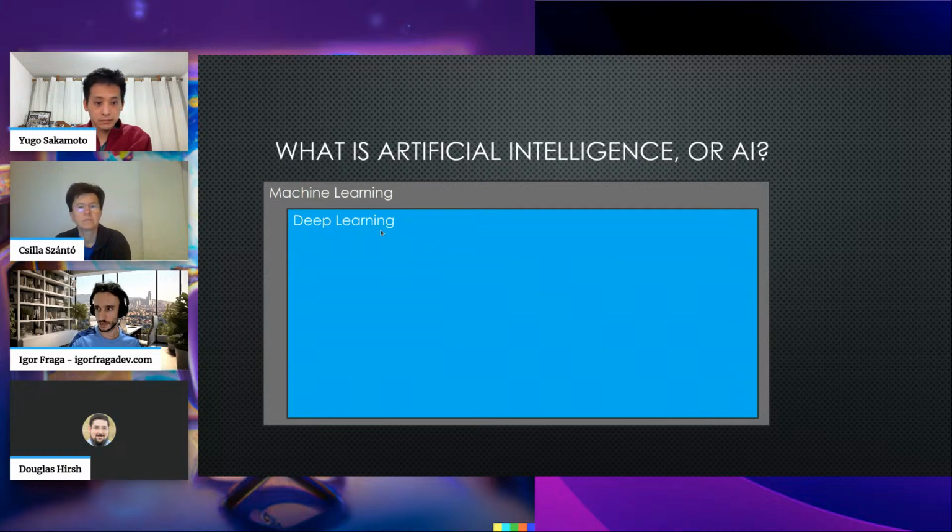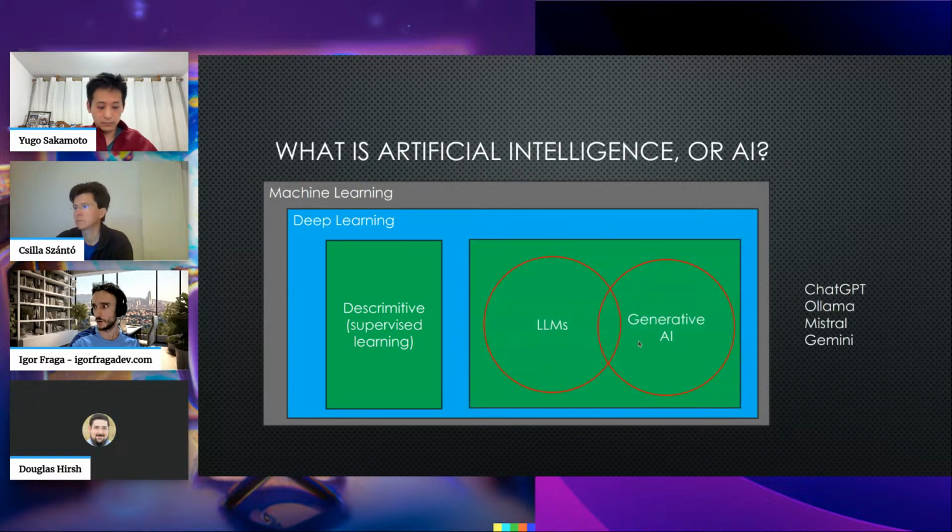And in deep learning, we can have separate categories there. That's discriminative, which is supervised learning, and also the subject of today, LLMs and generative AI.